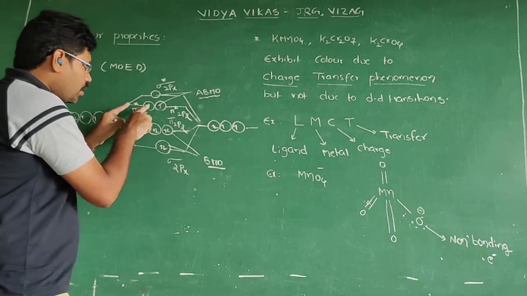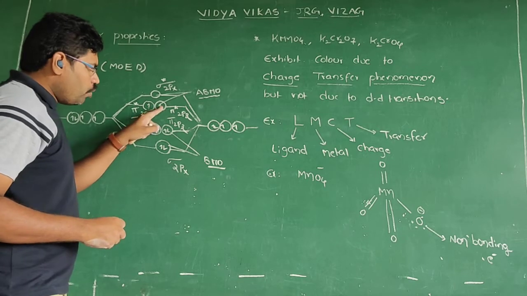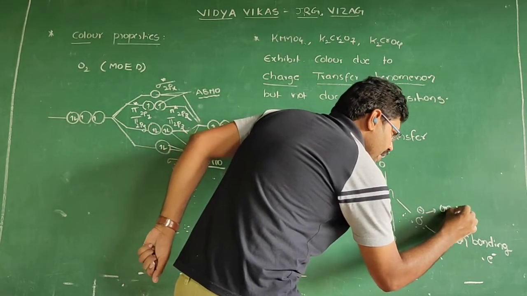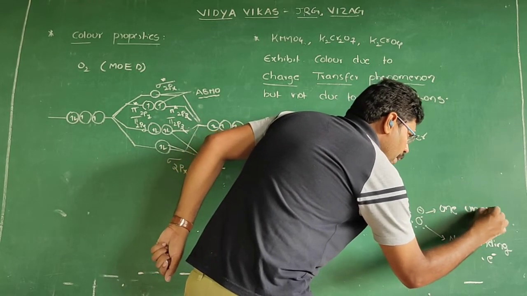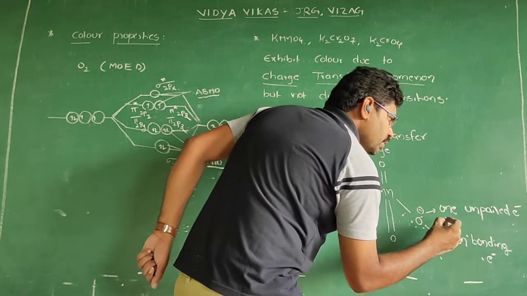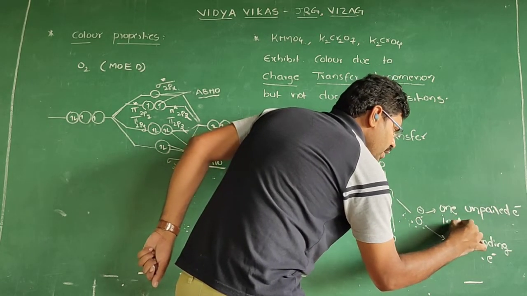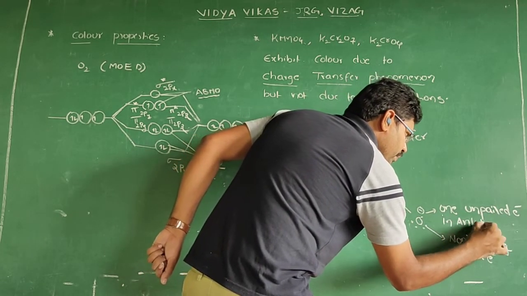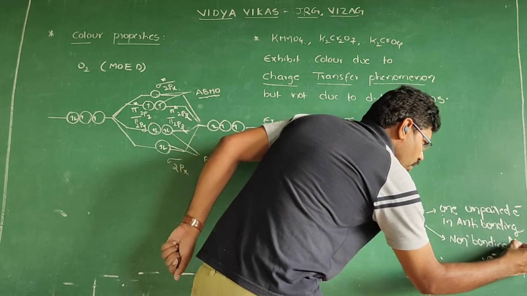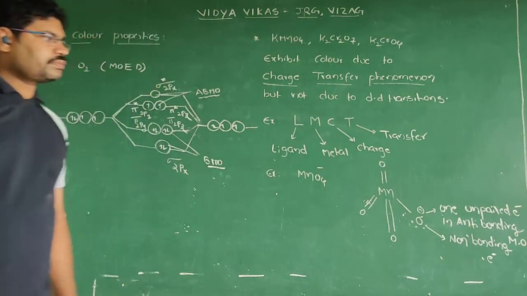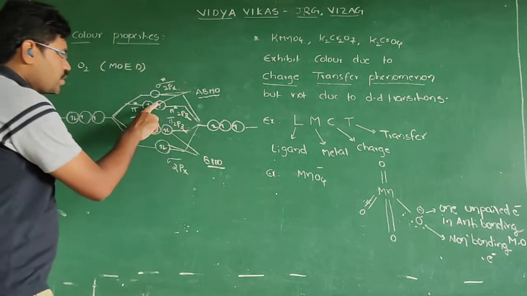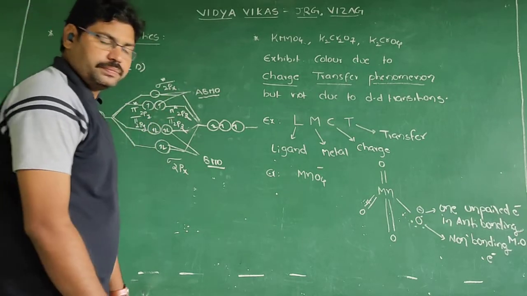So it contains, dear students, one unpaired electron in what sort? In the anti-bonding, dear students, molecular orbital. Anti-bonding molecular orbital. Keep in mind, that's what I am saying, anti-bonding molecular orbital.